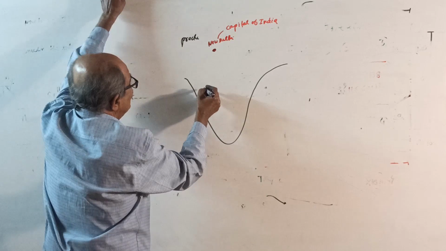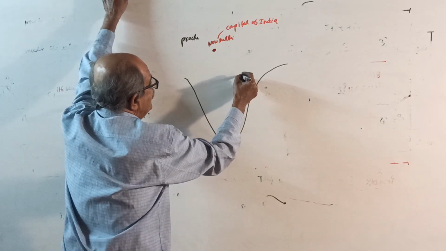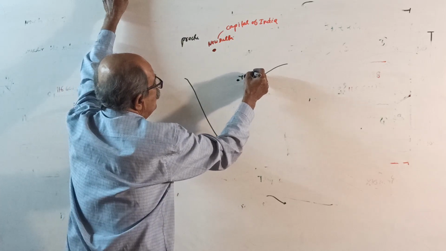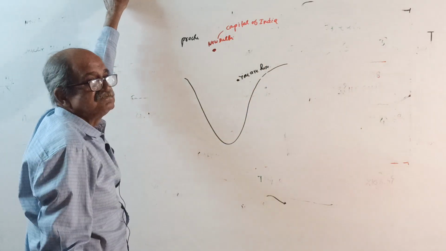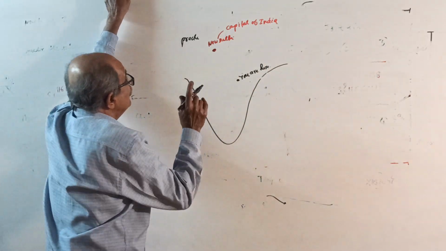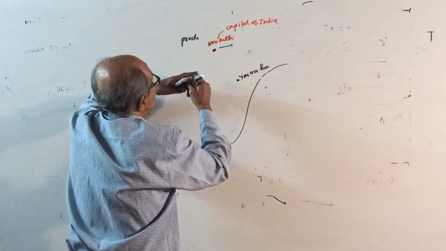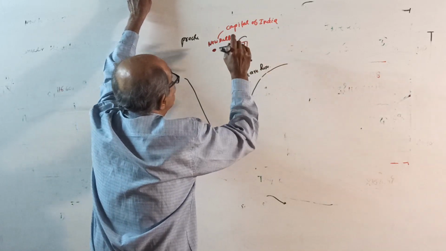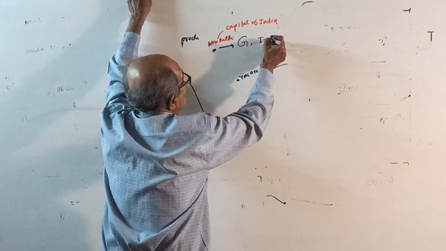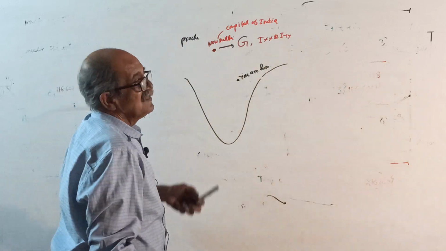Imagine you are somewhere here. See, you are here. This is equivalent to the centroid G, and the moment of inertia Ixx, Iyy is New Delhi, red color.